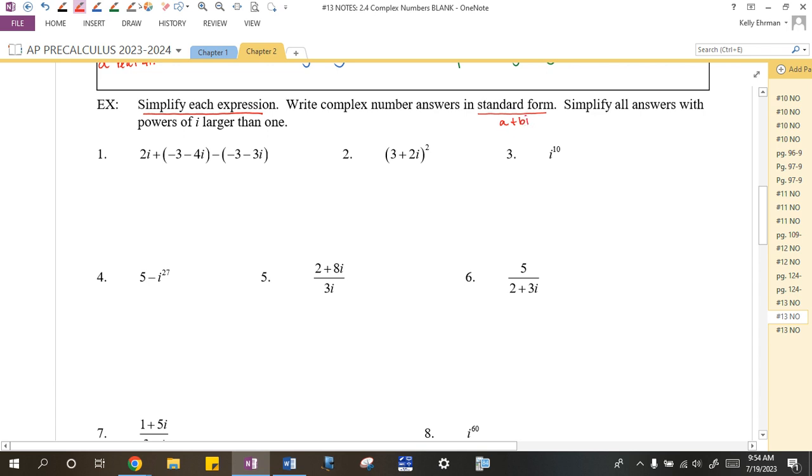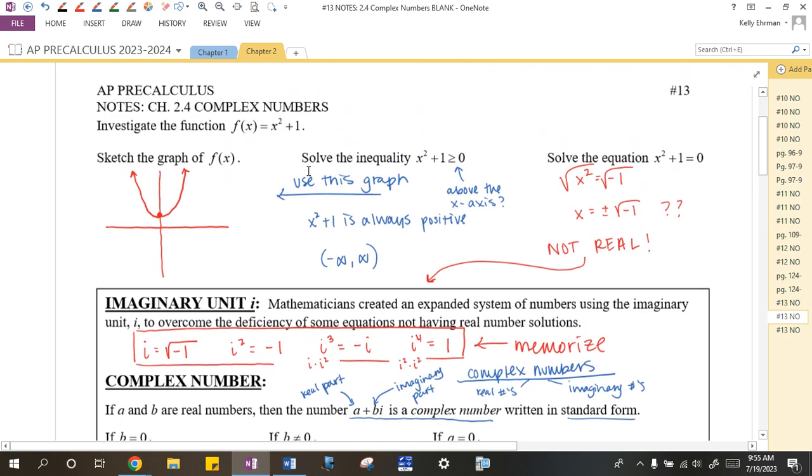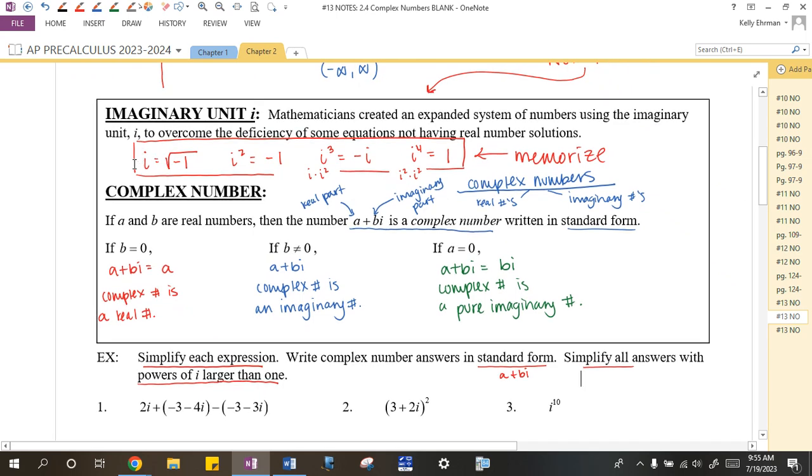If we get powers of i larger than 1, we need to simplify those. We're going to simplify in terms of i. So i is okay, i squared we simplify to -1, i cubed we rewrite as -i, i to the 4th is 1, etc.